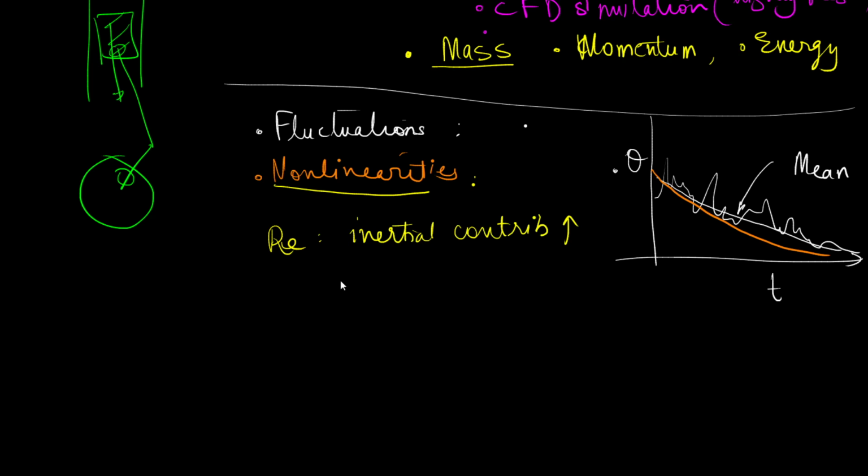It means that in the inertial terms you will have terms like rho u dot nabla u. These kinds of terms will give rise to fluctuations which are quadratic. So even though there is a fluctuation which is negative, when you see the contribution of that fluctuation, it will be quadratic, u squared.